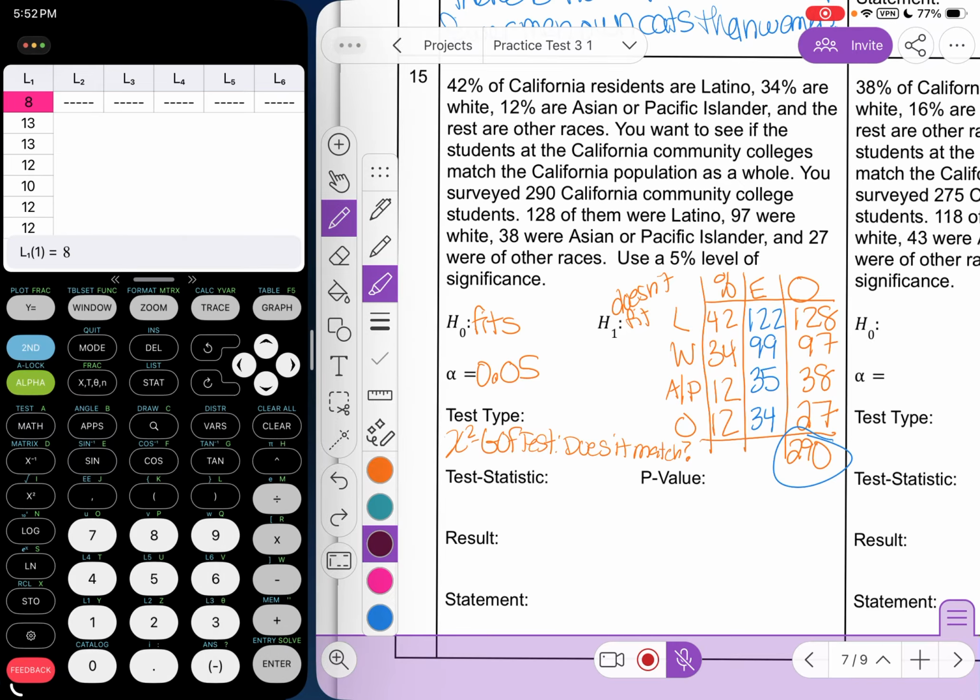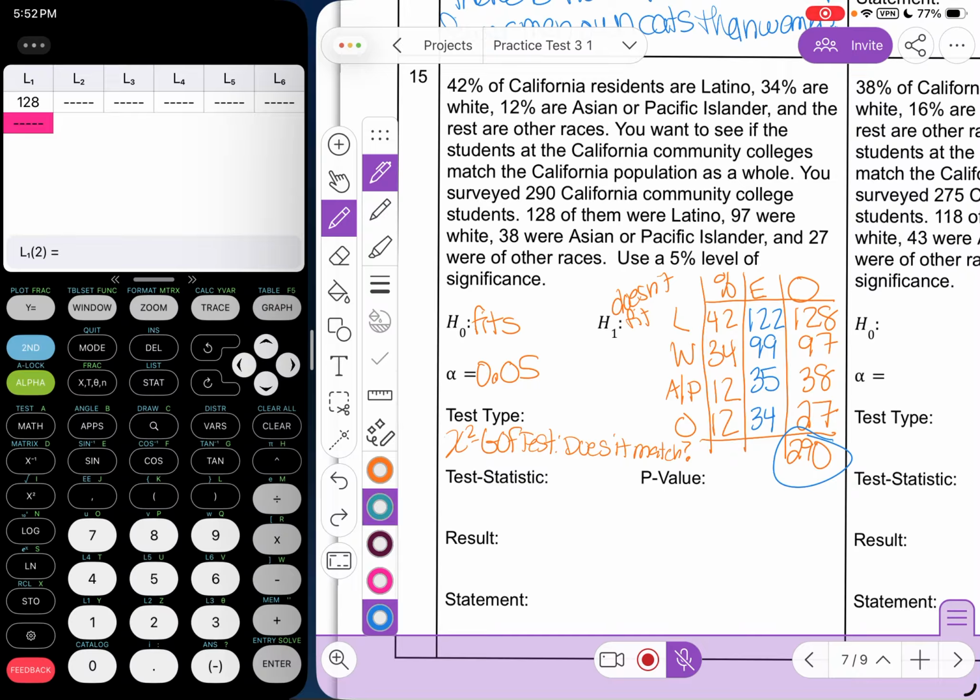So stat edit. On the note sheet, it says observed goes in L1. So this is L1, this is L2. 128, 97, 38, 27. And then this, 122, 99, 35, 34.